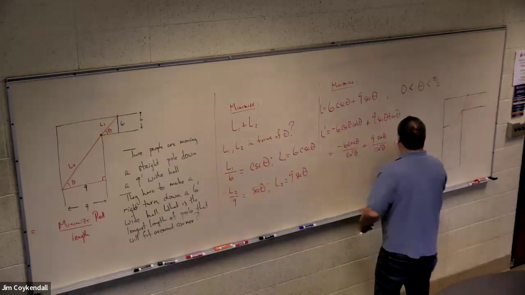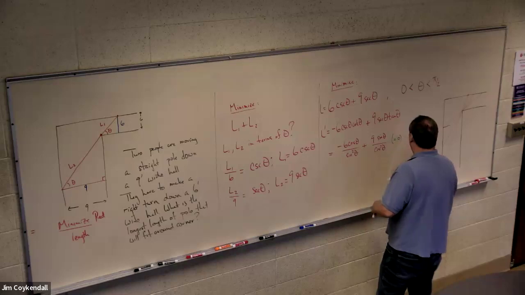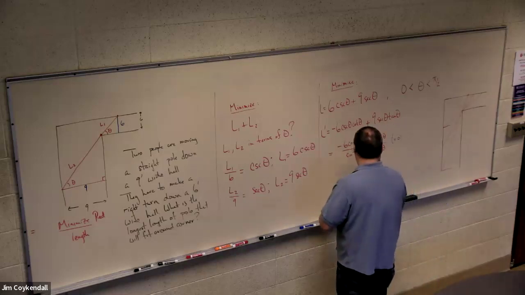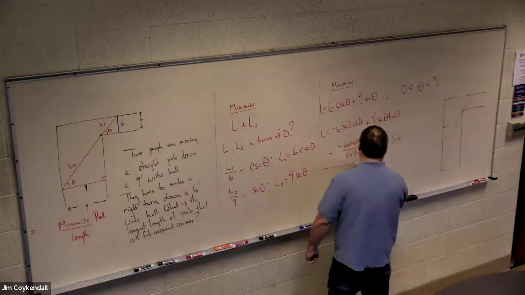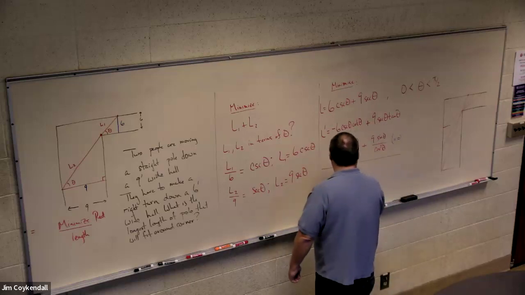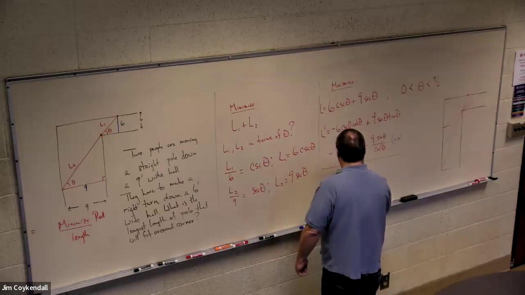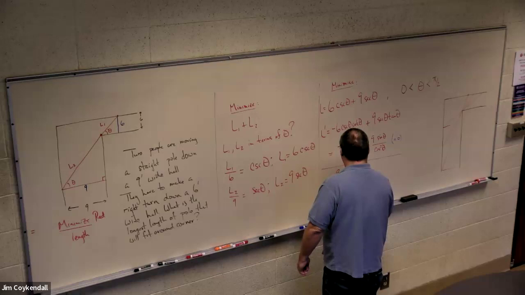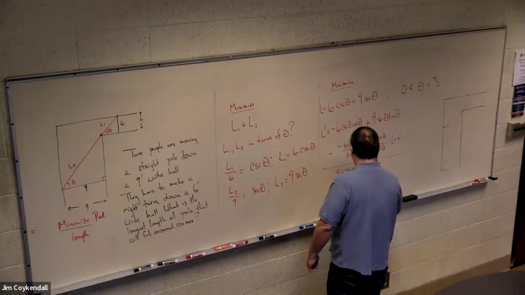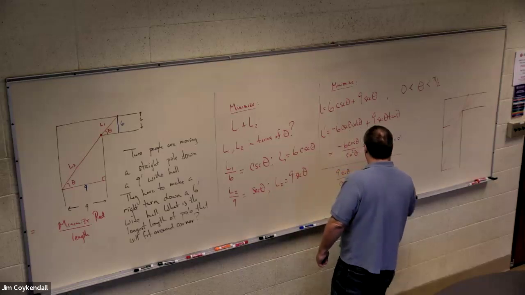So let's set it equal to 0 and see what comes out. I get 9 sine theta over cosine squared theta is equal to 6 cosine theta over sine squared theta.